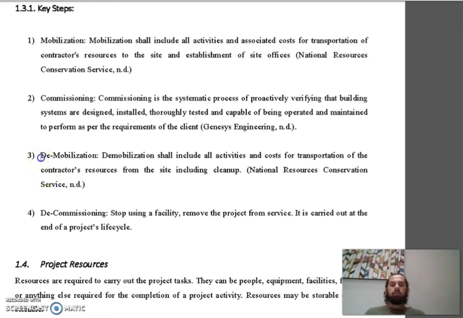Then we will do demobilization. Demobilization shall include all the activities and costs of transportation for the contractor's resources from the site, including cleanup. He needs to leave now, and he needs to clean up what he left. Cleanup also means we need to take out all the site offices, demolish them, take them back.